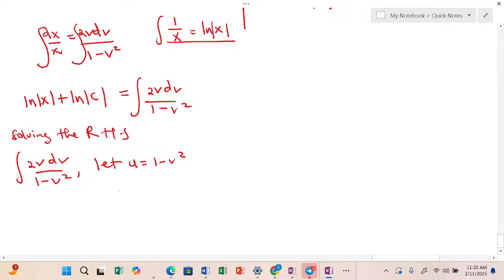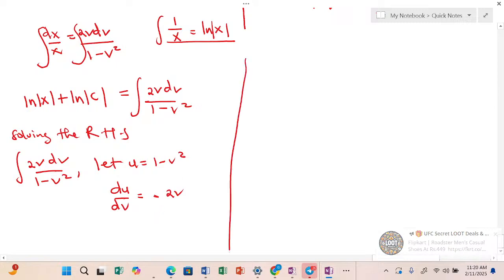That is, u prime, which is du/dv, is equal to negative 2v. So this is our equation, and then we proceed. We now have the integral of 2v dv over u.